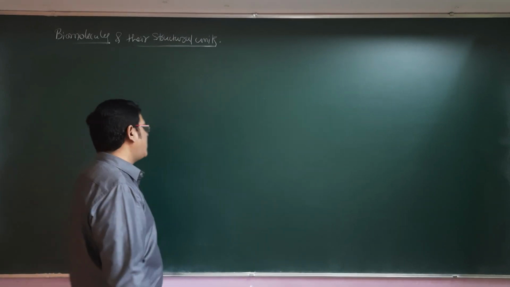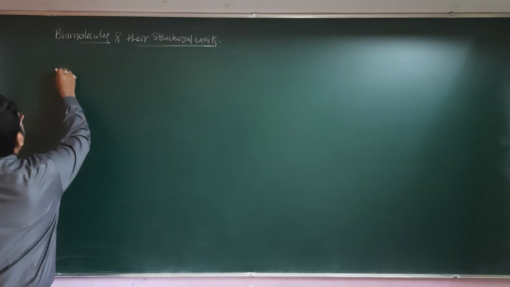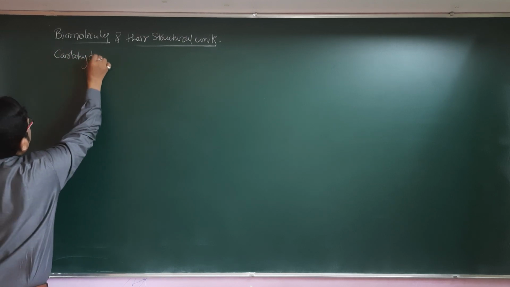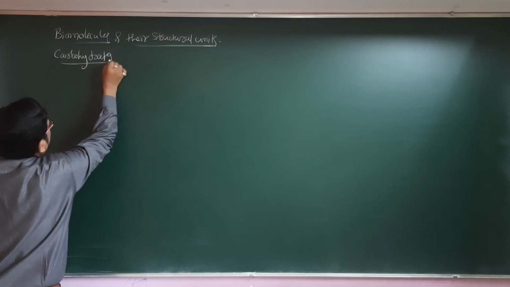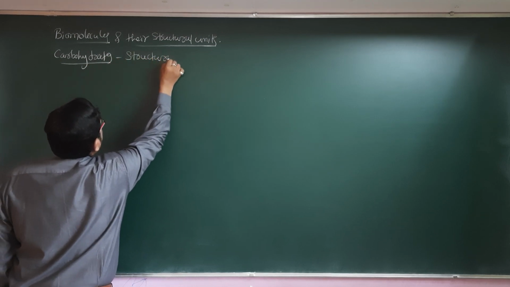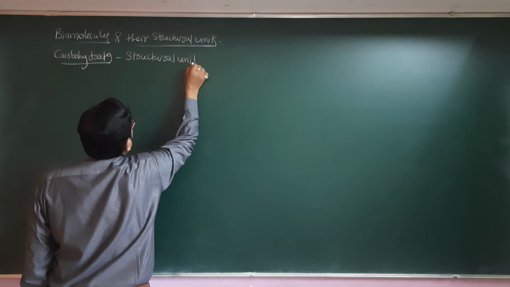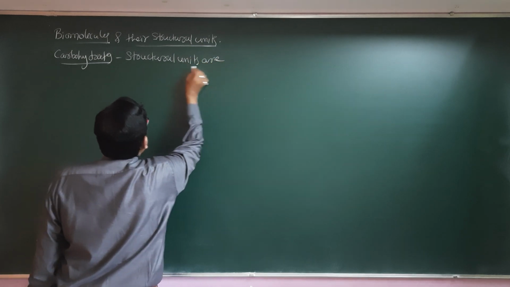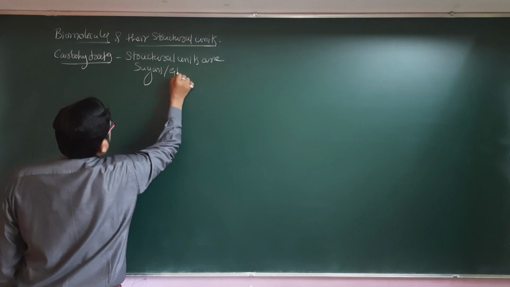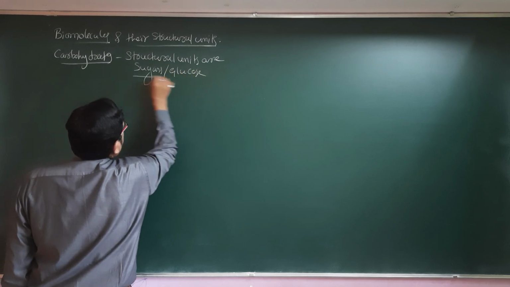Let us understand now carbohydrates. Structural units are sugars. Sugars are glucose, we can say.